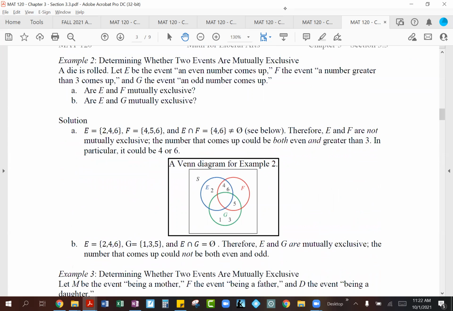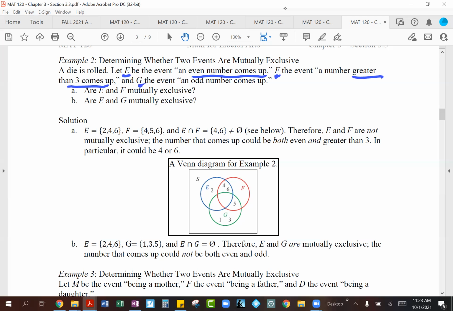You can see where all 3 of these events meet, that's an empty space, because these are mutually exclusive events. There's no number over here. In this case, they are defining event E to be an even number that comes up when you roll a die. Event F is defined as a number greater than 3.